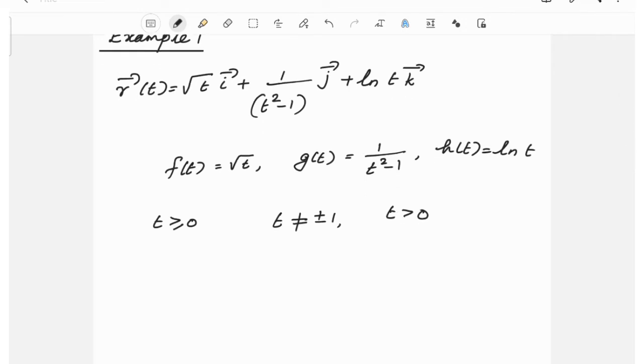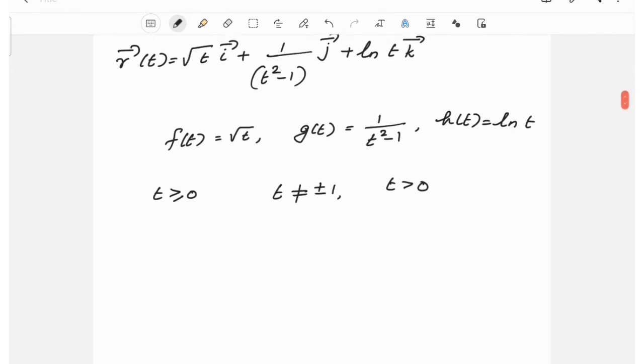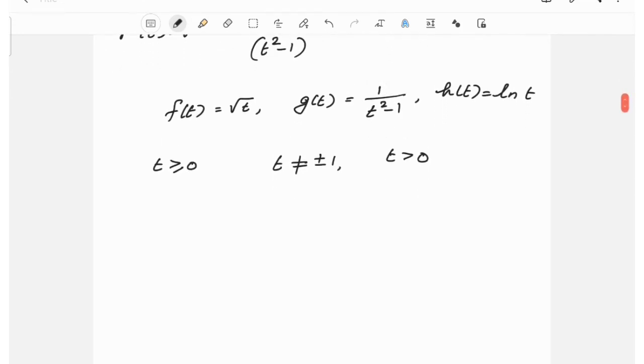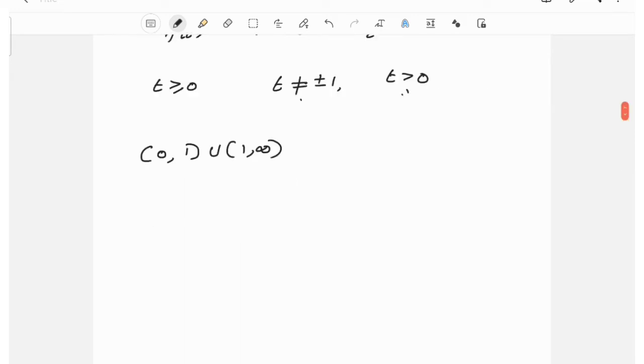Now we are going to find the interval on which all these functions are continuous, and therefore the required interval is the open interval 0 to 1 union the open interval 1 to infinity. So on the open intervals 0 to 1 and 1 to infinity, the vector valued function is continuous.